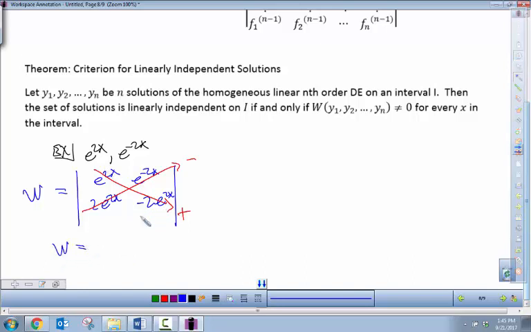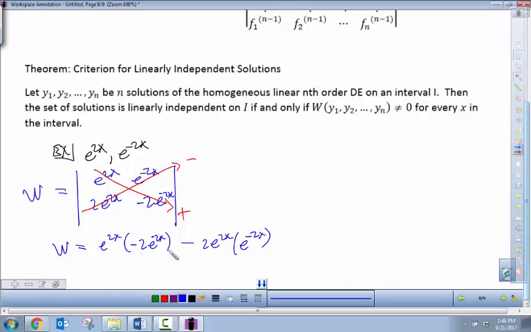The Wronskian is going to be, let's start in order, e to the 2x times negative 2e to the 2x, minus the product of the other ones, 2e to the 2x times e to the negative 2x. So e to the 2x times e to the negative 2x, I think, is just 1, right?